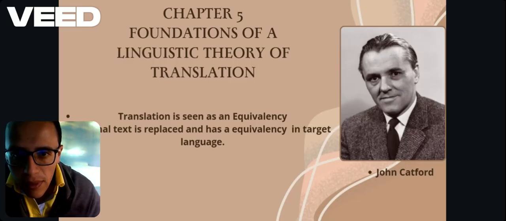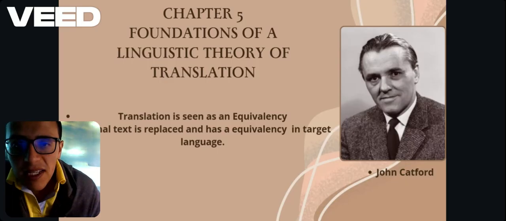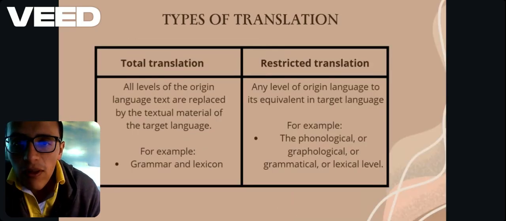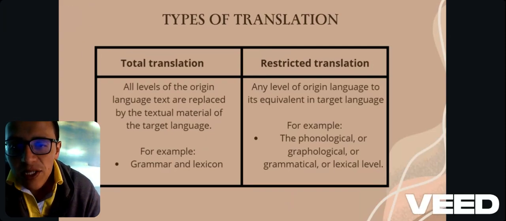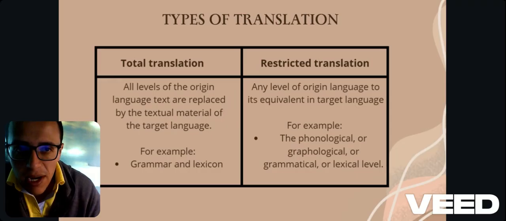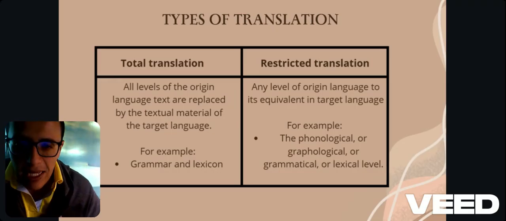In addition to this, Catford mentions several kinds of translation. The first one is total translation. In this kind of translation, all levels of the original language are replaced by the target language, for example grammar and lexical.